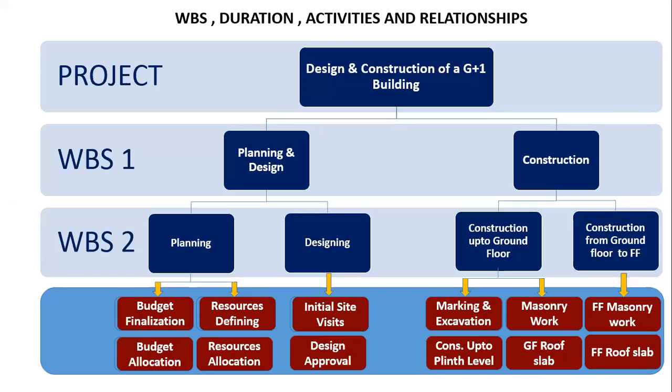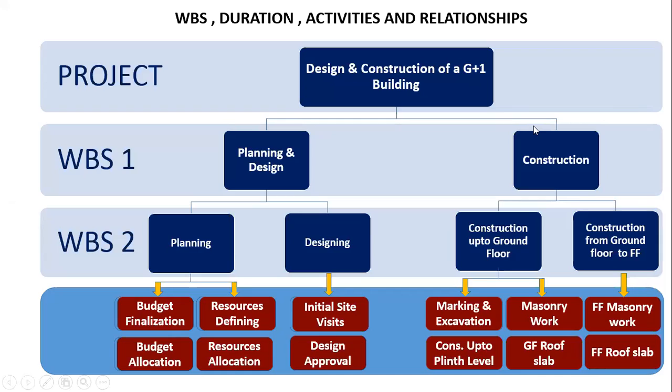Are you getting my words? Okay, I'm giving a simple practical example for you so that you can understand these project things easily. See, next, resources defining and resources allocation. After defining and allocating the budget, we need to define and allocate the resources. This is very mandatory.